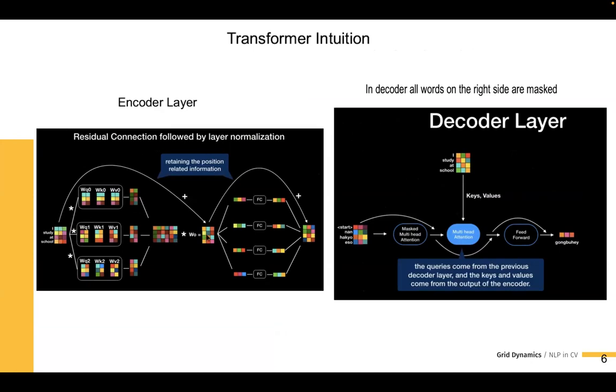Then we have a skip connection, a feed-forward network, and again a skip connection. That is just one encoder block. In the decoder, keys and values come from the encoder representation of our English sequence. As input, we have another language, and we try to predict the next word in this sequence.